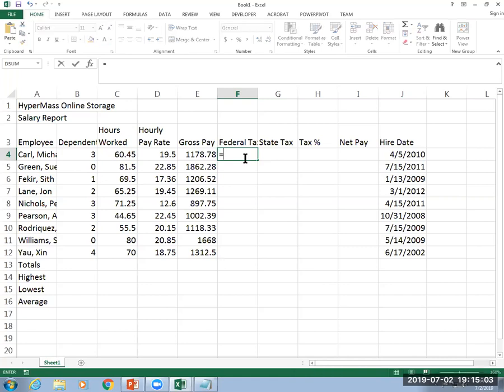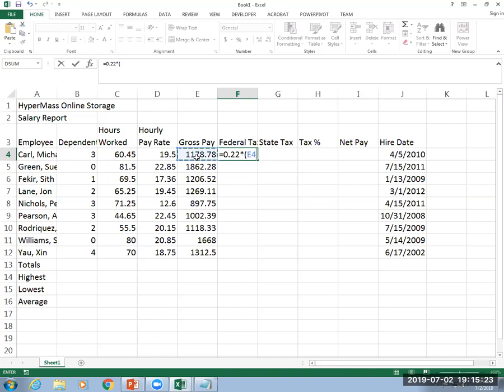So in order to do this, in our federal tax we need to do an equal sign, and we need to say 0.22. And then we need to multiply that by the quantity. So we need to put in an open parenthesis, and then we need to put in our gross pay. So where's our gross pay?